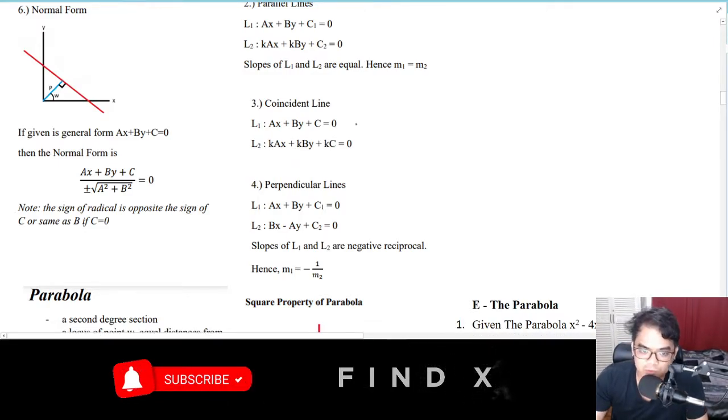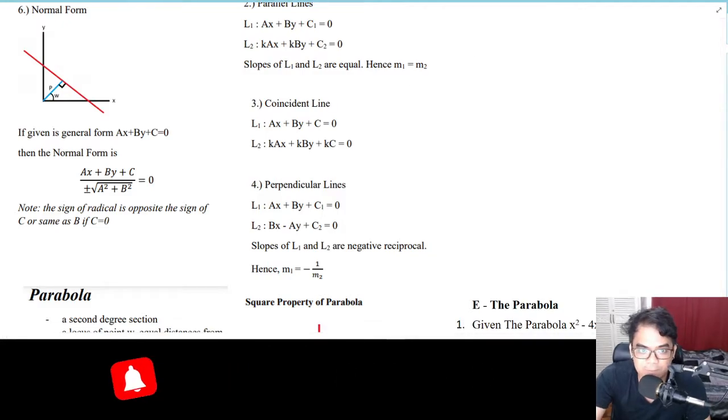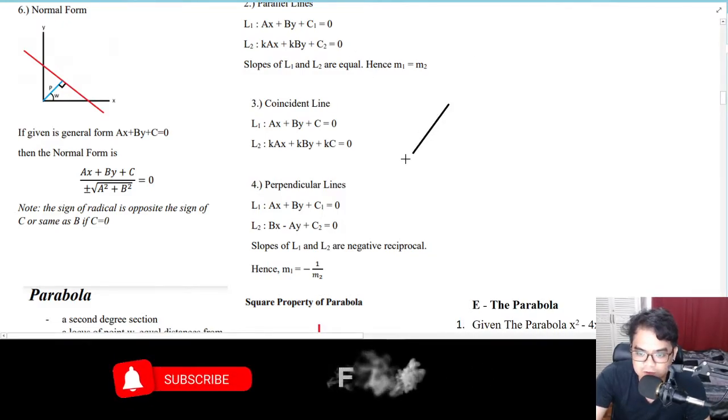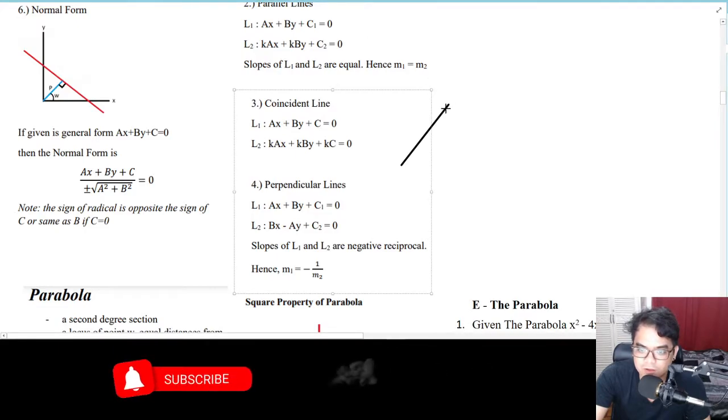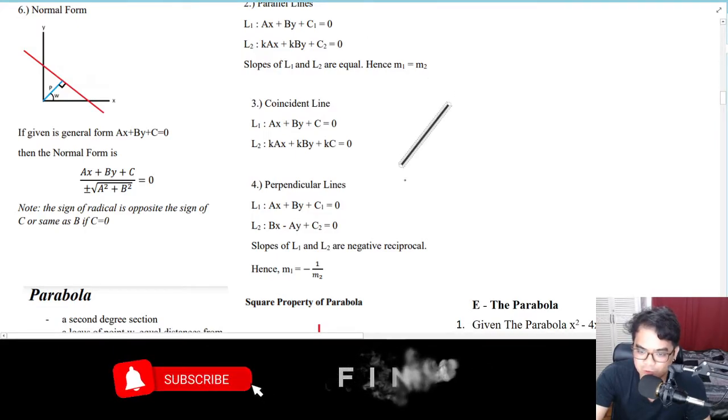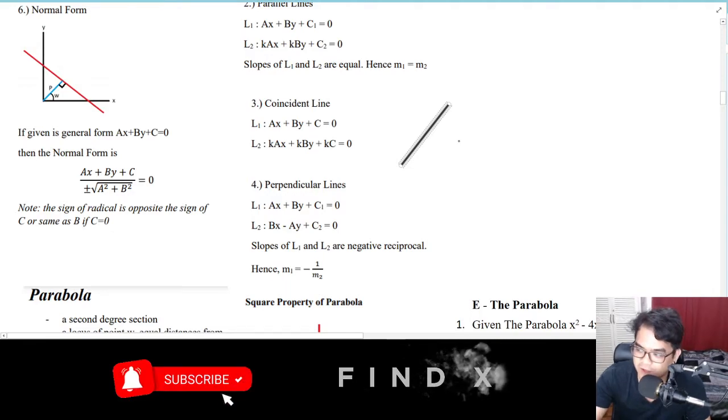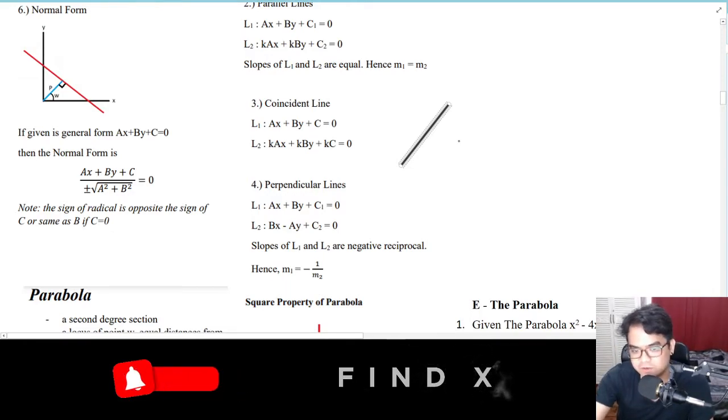Coincident lines look something like this: this is the first line L1, and the coincident line will also be here. Those two are coincident lines, exactly on top of each other.